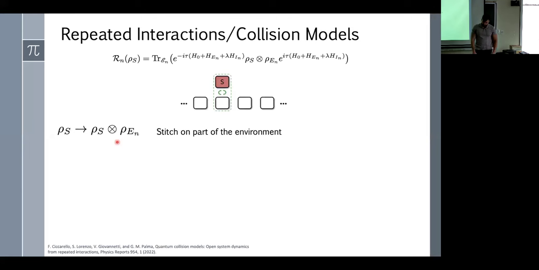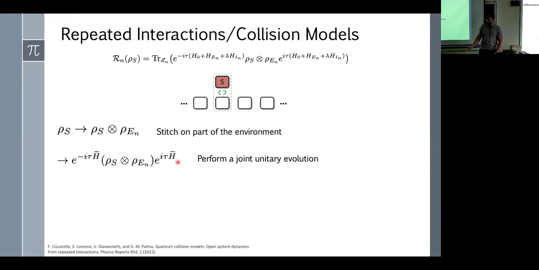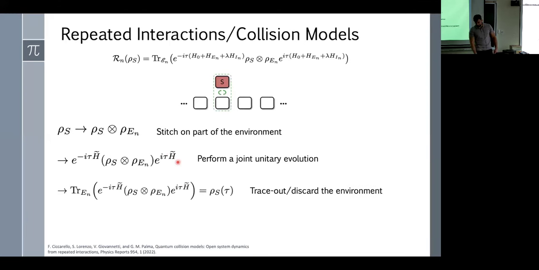The action of the map tensors on part of the environment. We perform some joint unitary evolution, where I'm writing H tilde as the total Hamiltonian, and the tilde represents a certain limit we're working in that I'll introduce shortly. Then we trace out and discard the subspace, and we're left with rho S evolved for a time tau.